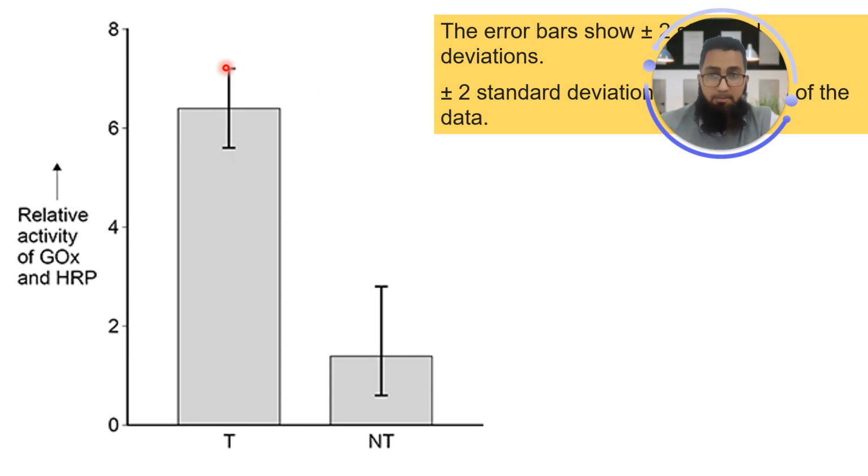Now the top number is the biggest range. So it's going to be your mean plus the standard deviation, and the bottom number is the lowest one. So that is your error bar.